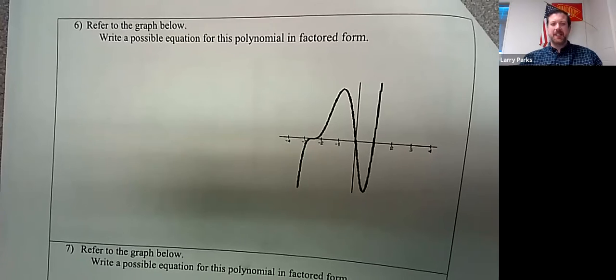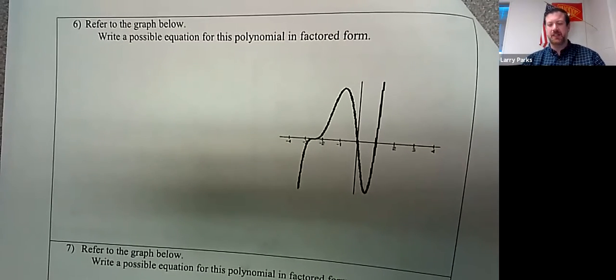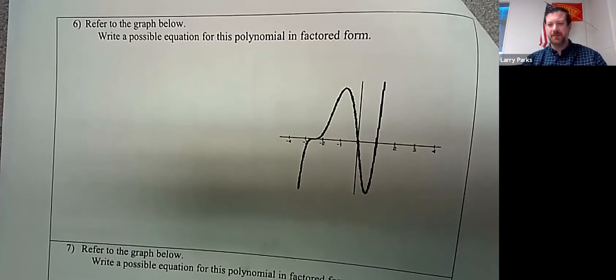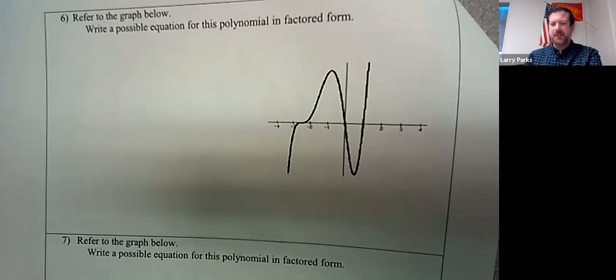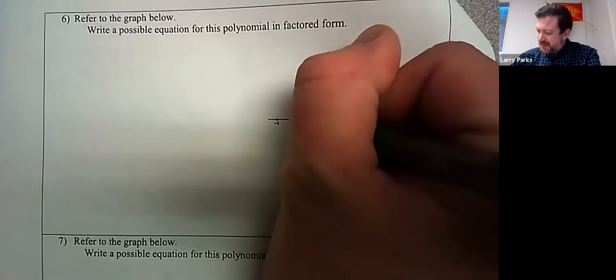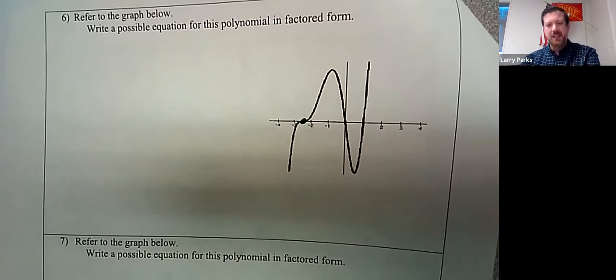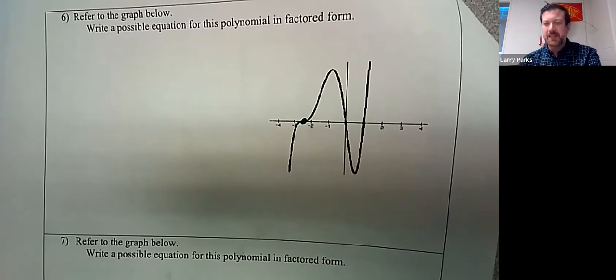So now we're supposed to write a polynomial for this function. Okay. Let's go through this. First, right here, there's a solution, and it looks like a squiggle. So it's going to be of odd degree, 3, 5, or 7, not 1.